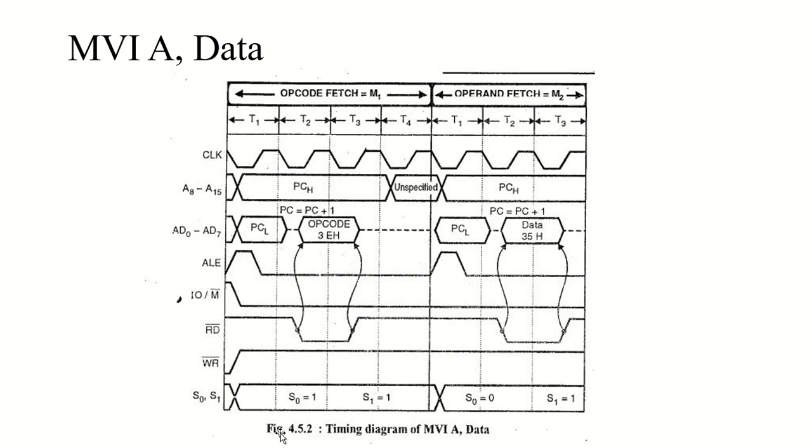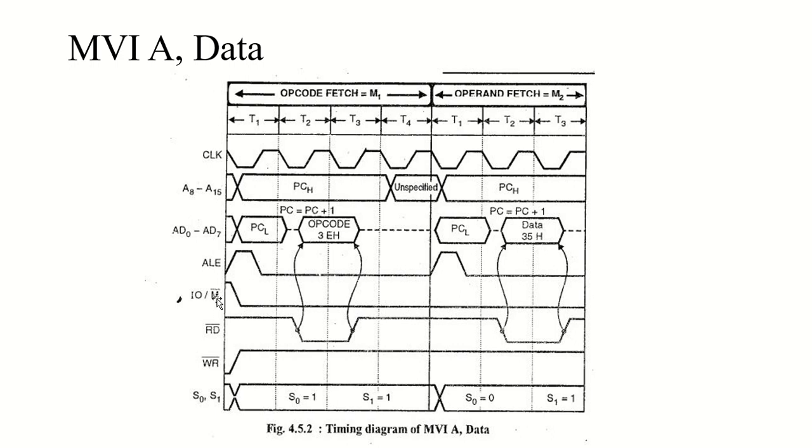So you simply have to draw it, and after that just draw the operand fetch. First, you can draw the 4 states of opcode fetch. Then again, clock signal and A8 to A15 will perform the same task. AD0 to AD7 will perform the same task it was performing earlier.